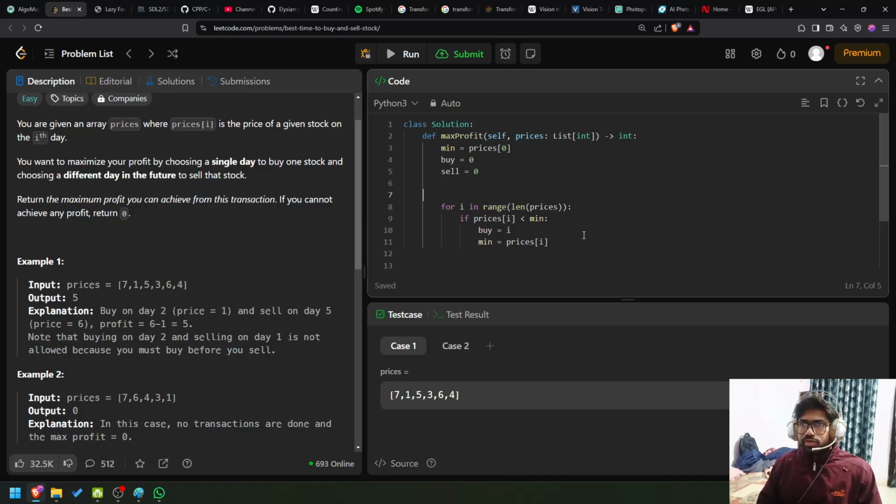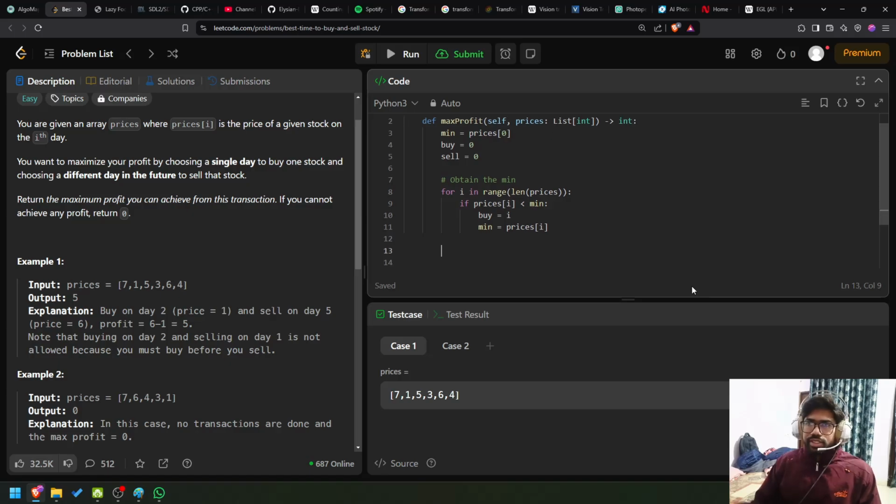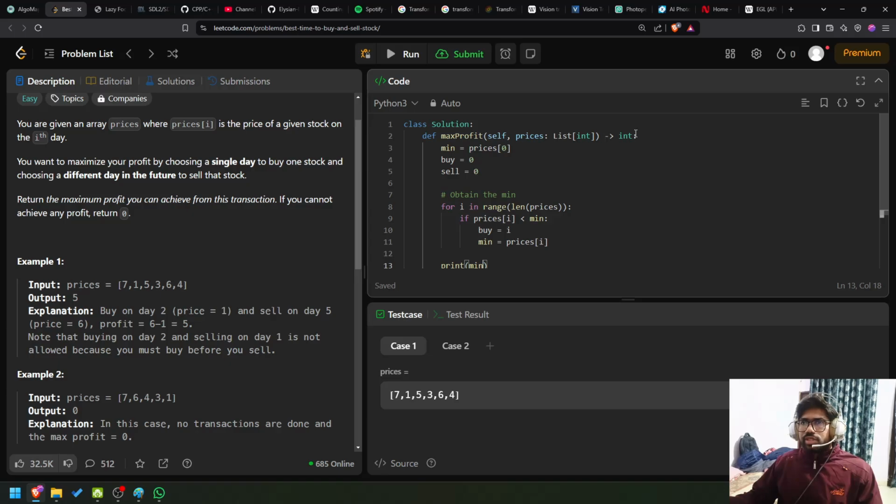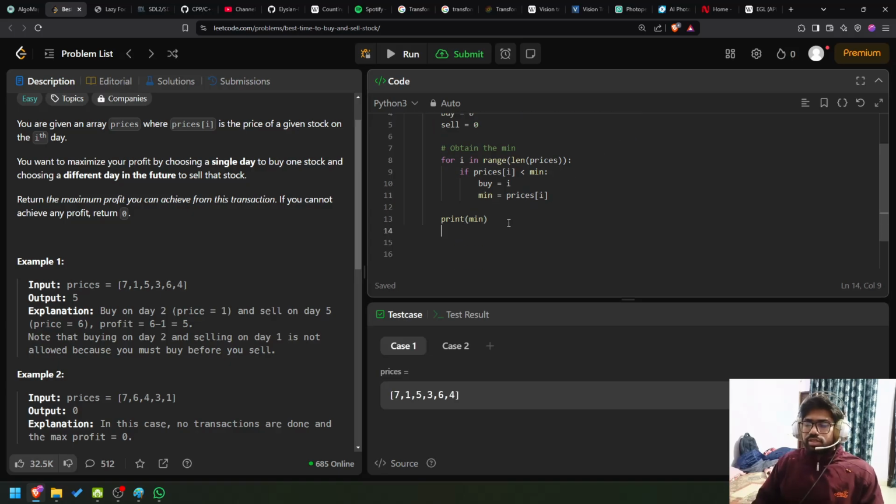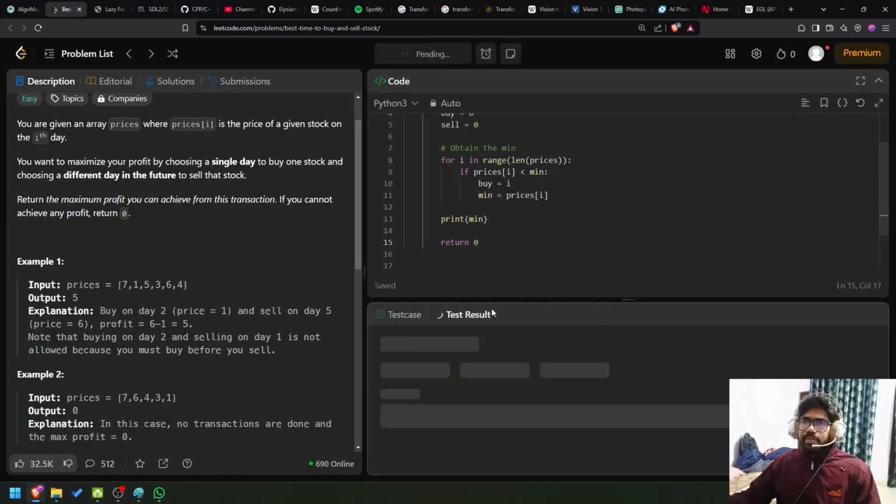This is how my thought process is going. Obtain the minimum, right? Then let's try and print the min value. I have to return an integer. Let's just return 0.